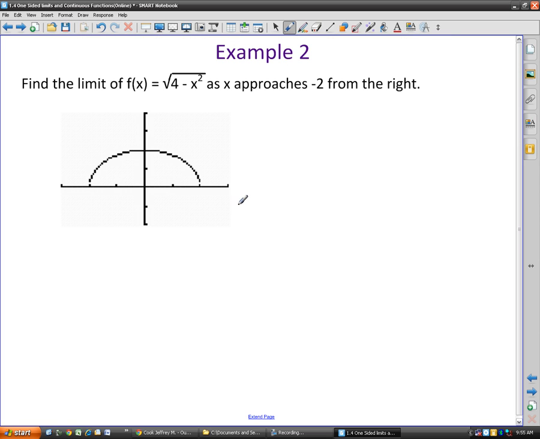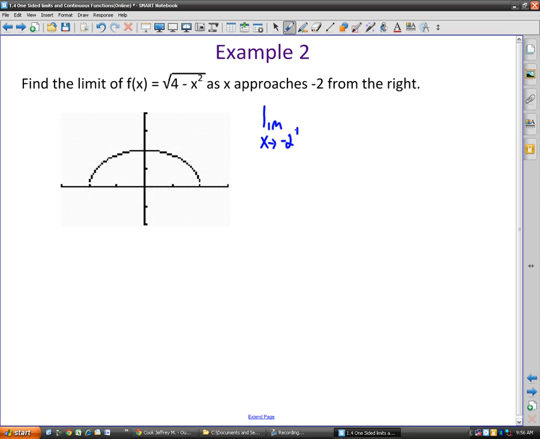So then moving on, this time we're asked to find a limit, and the whole reason we do the continuity discussion is that if a function is not continuous everywhere, like this function right here, we can do a limit from one direction and find out what's happening, and that would be our limit. So we're asked to find the limit as x approaches -2 from the right-hand side.